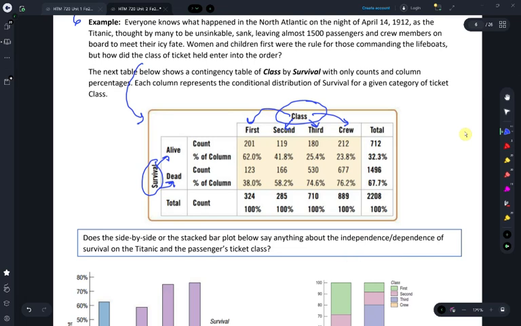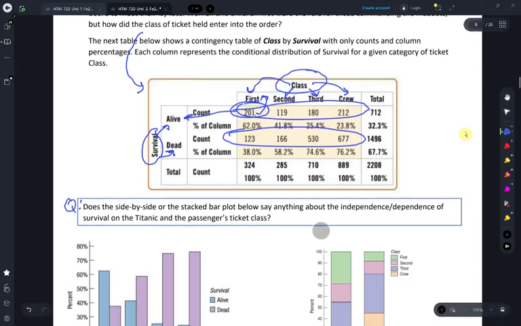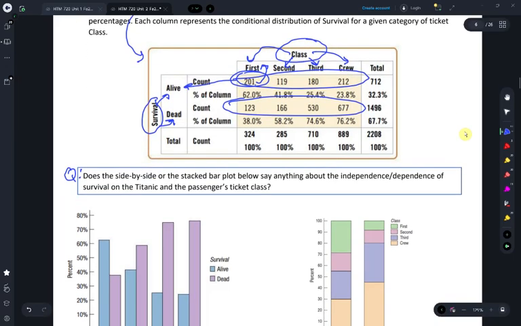Now, our interest is to answer a research question. We have that 201 individuals on the Titanic survived alive and they held a first class ticket. Now, looking at these numbers, what insights can we extract from it? Can we use a picture to illustrate what's going on? The answer is yes.